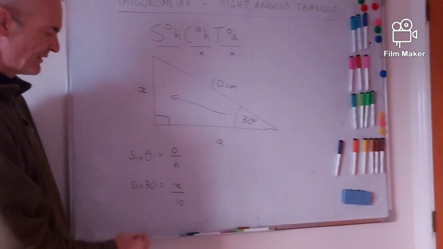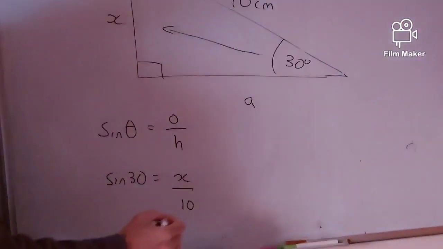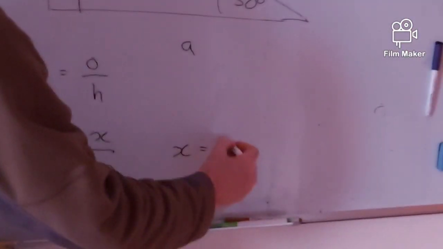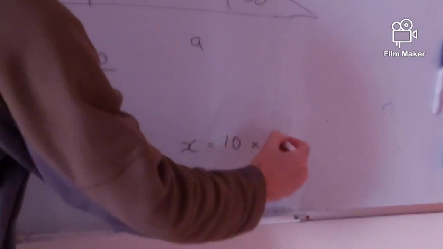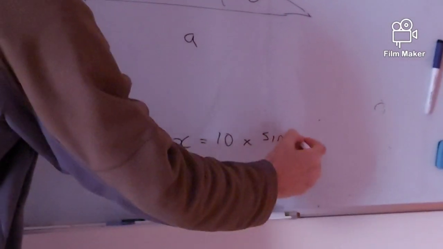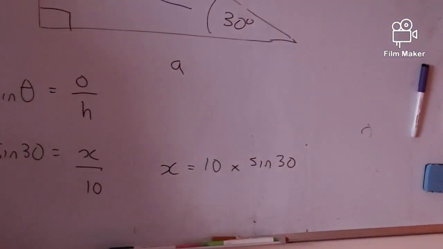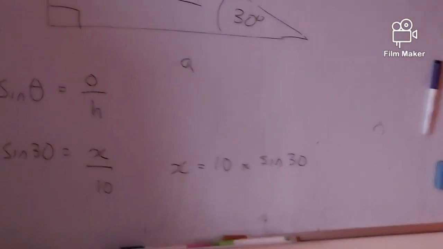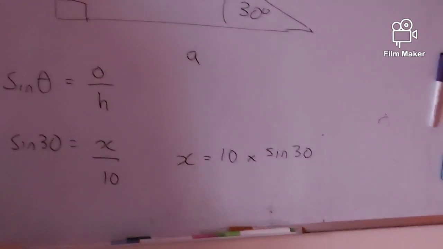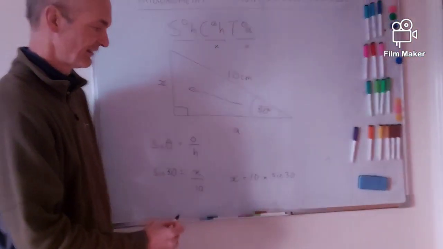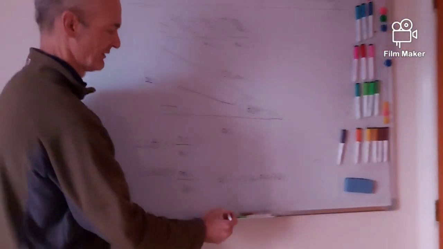So we can rearrange that. If we multiply both sides by 10, we will end up with x equals 10 times sine 30. Now, what is sine 30? If you go onto your calculator, and you need to make sure that your calculator is in degrees, not radians, and then you can work this out.